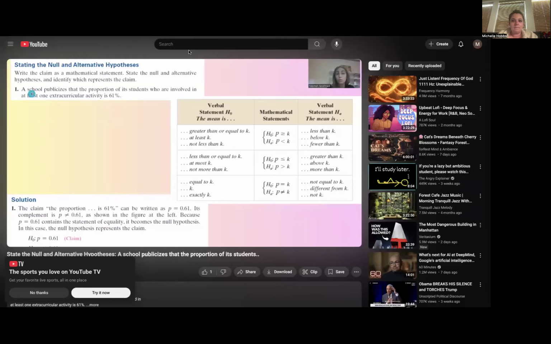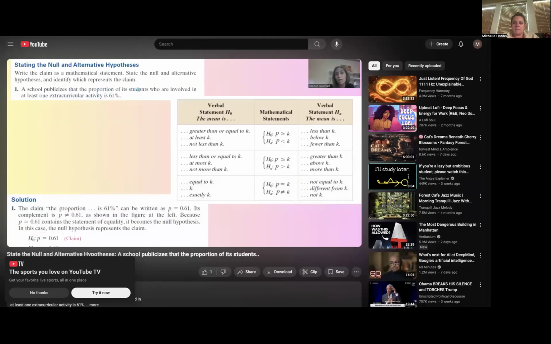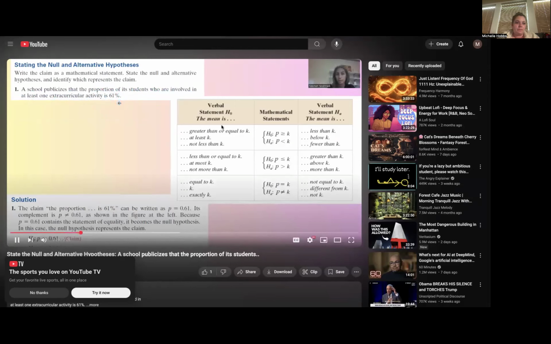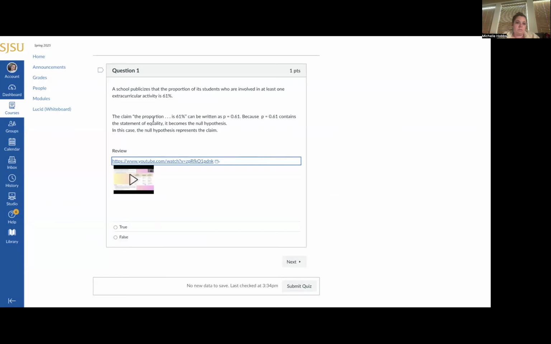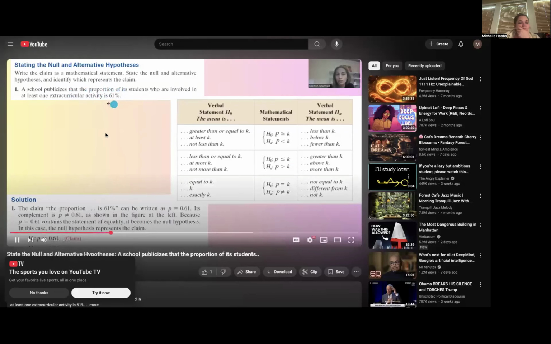A school publicizes that the proportion of its students who are involved in at least one extracurricular activity is 61%. You can ignore part of the statement, because the school claims something about the students and the claim is about proportion. It says that proportion is exactly 61%.